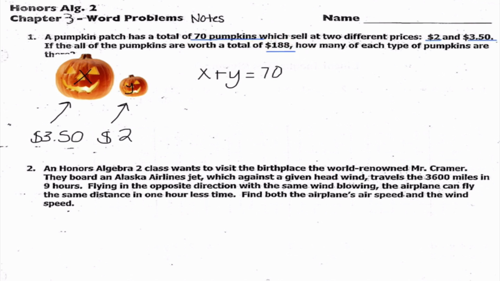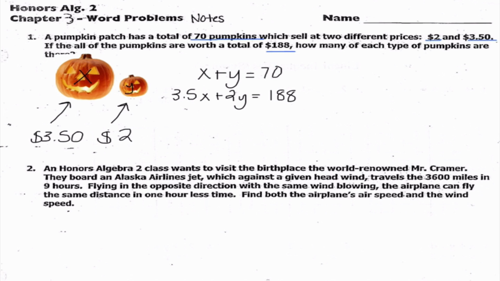So I'm going to say 3.5x, because for each bigger pumpkin we sell, we're going to charge $3.50, plus 2y equals 188.